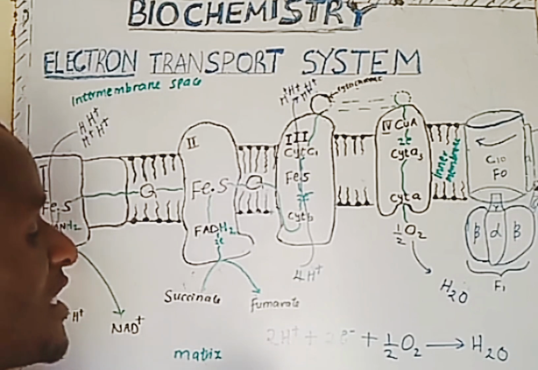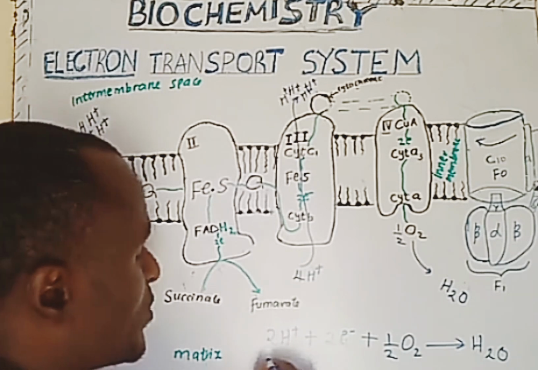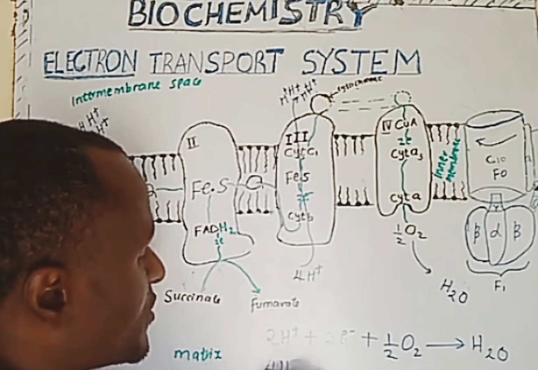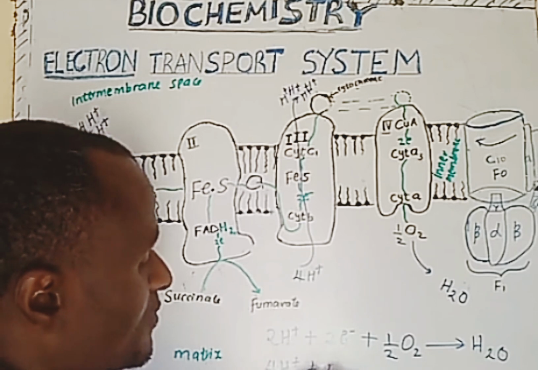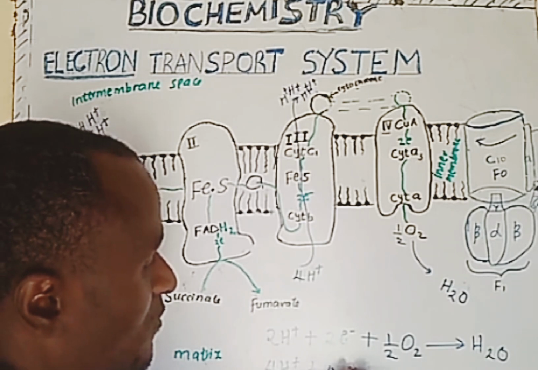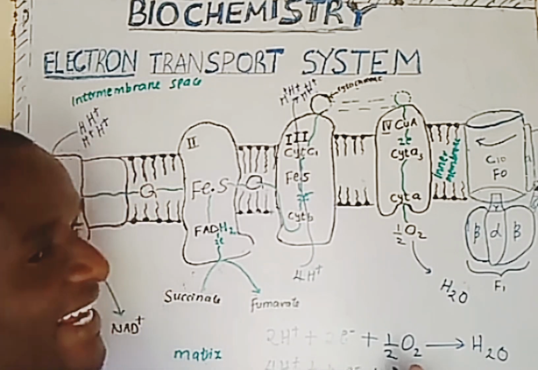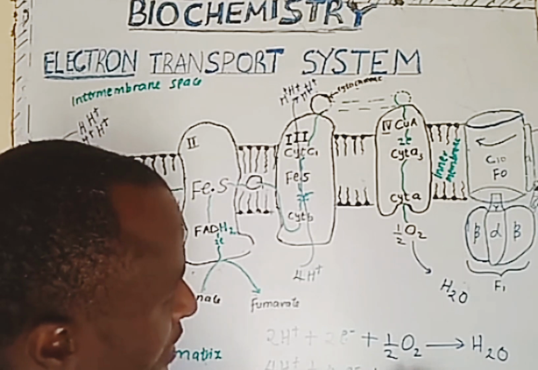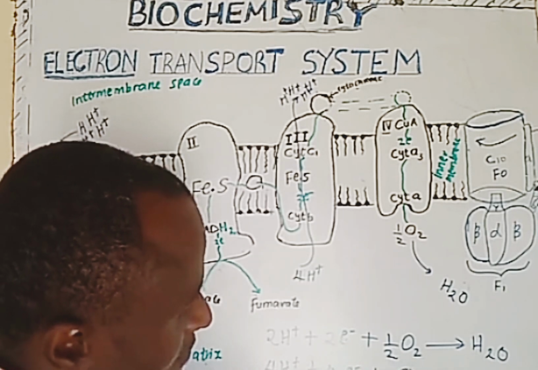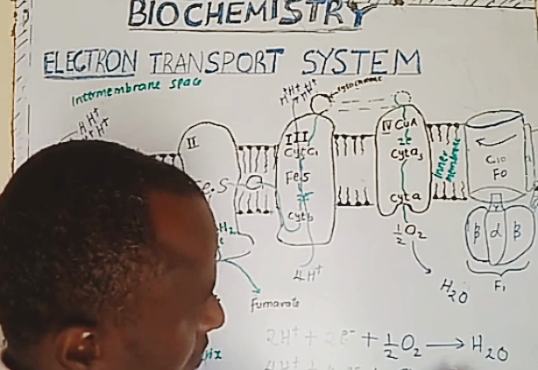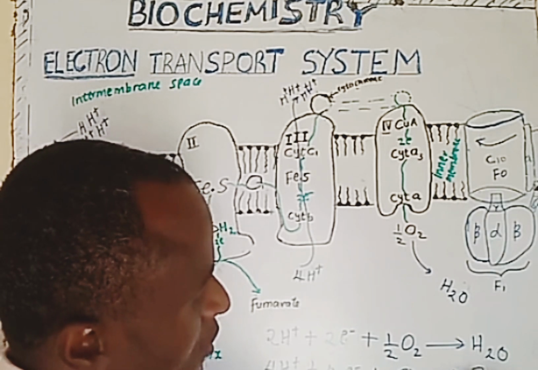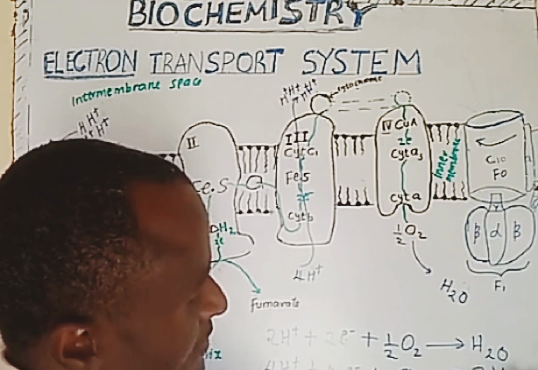If we used 2 NADHs, we will have 4 protons and a single oxygen molecule to form 2 water molecules.